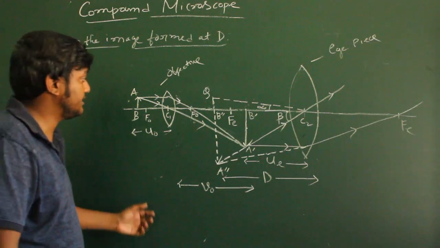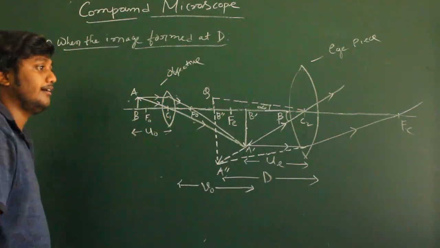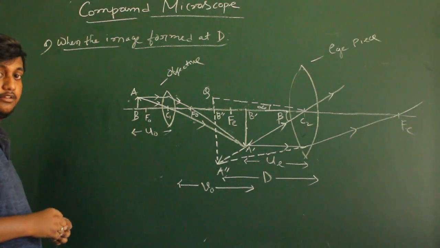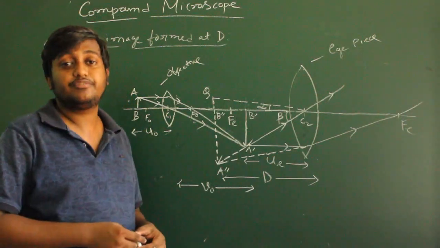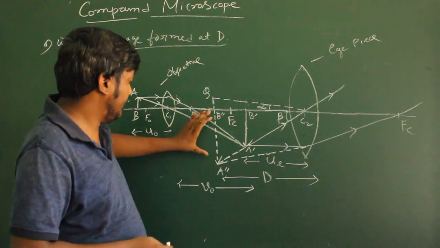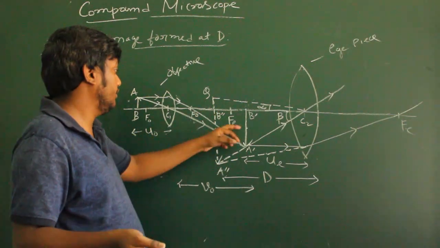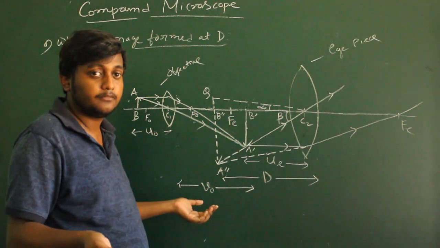Now come to the magnifying power. In this case the magnifying power is defined as the angle subtended by the image at the eye to the angle subtended by the object when it is at the least distance of distinct vision. Here A''B'' will be the final image, so beta will be the angle between the final image and the eye.